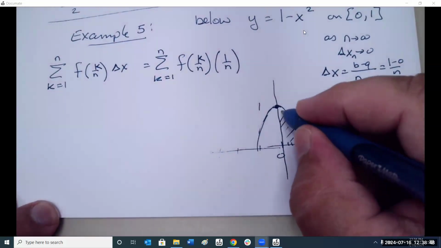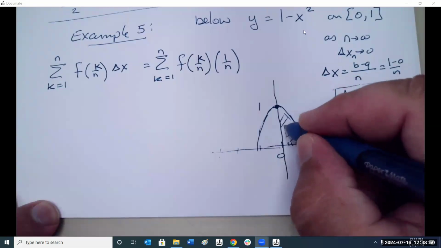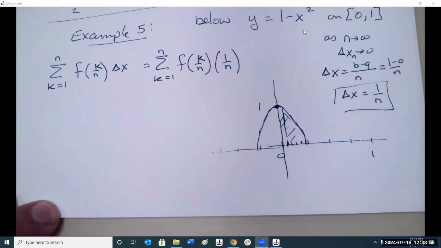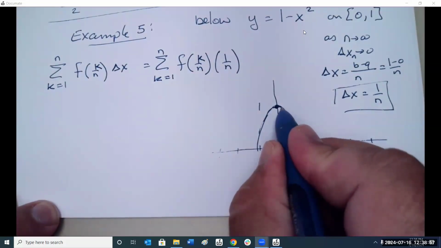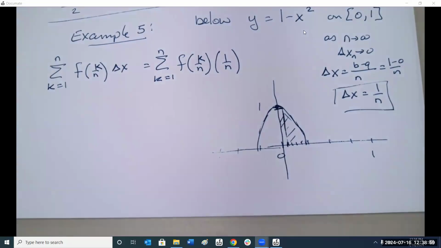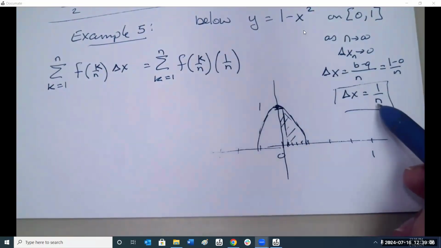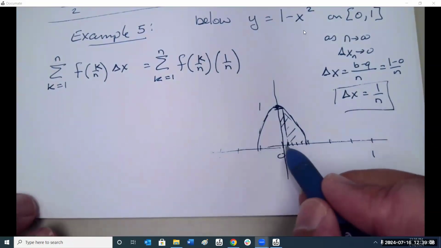So here's our interval. Here's our first interval. That rectangle will have to be on the lower side. The reason being because we cannot use 0 as an n, because at 0, it's undefined. So we got to use the lower sum, which is 1 over n.